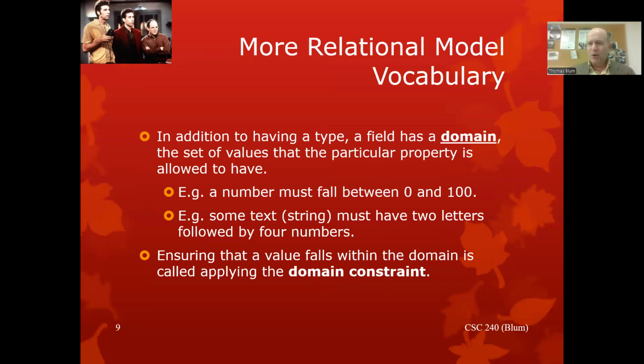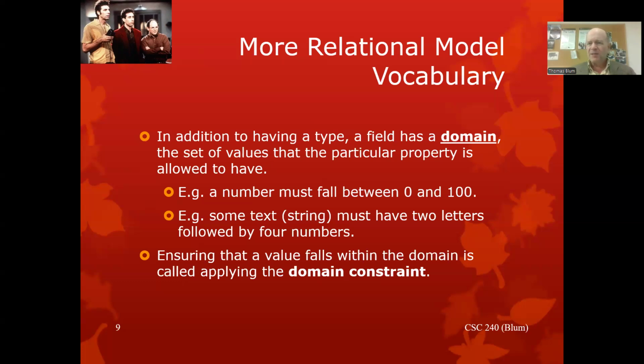So if you have the address broken down and you have, say, a state in the US, then you might say, here's my list of states, so it can only come from this set of things. Or it can be numbers that must fall in a particular range, or a number that must be positive.